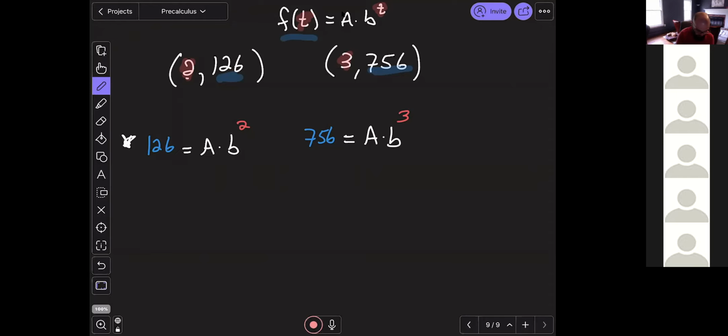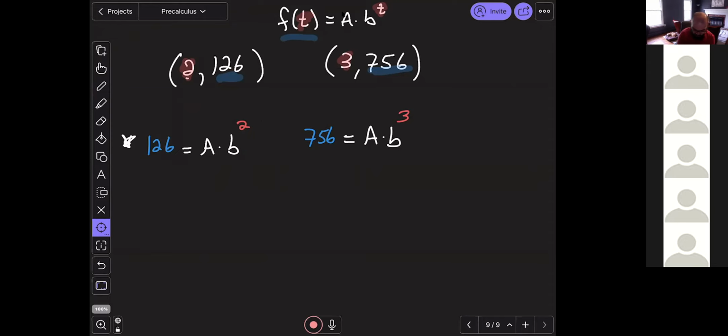I'm choosing this one to divide by because this exponent is smaller. It doesn't matter, you can do it either way. I like to divide by the one with the smaller exponent just because I can then have positive exponents when this all shakes out. Okay, so we're going to do a division.